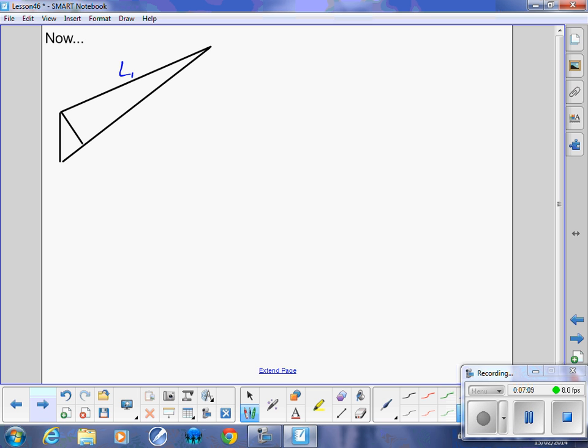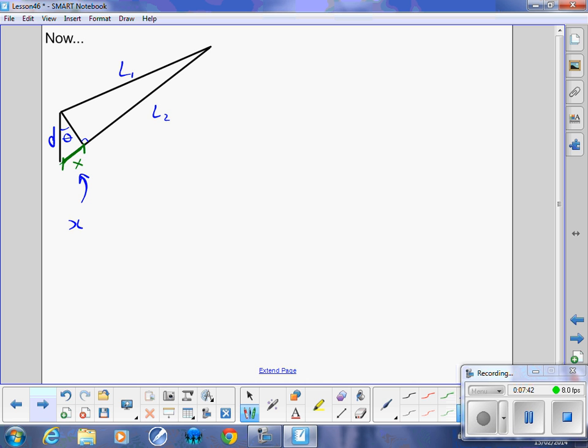So similar diagram before. There's your L1 path. There's your L2. There's your D. And what we look at, if I talk about this angle right here, if I talk about that being theta, and I draw a perpendicular line between the two, the resulting base value, so I'm talking about this part of the right angle triangle that's created, from there to there, we can call it x. And what is x?